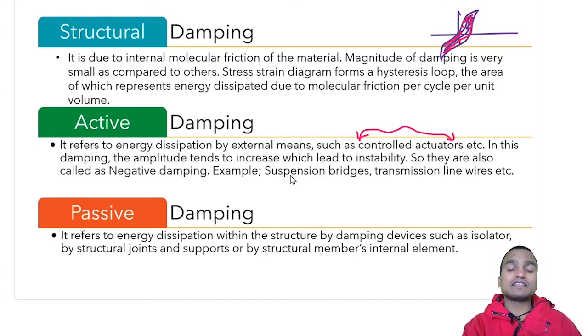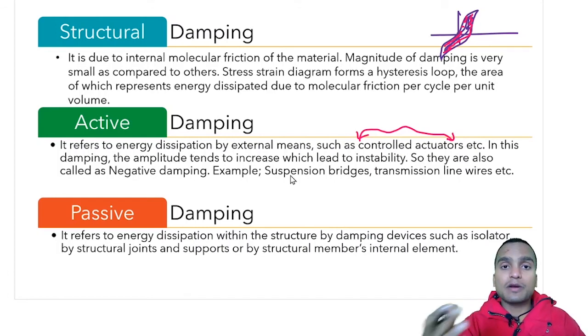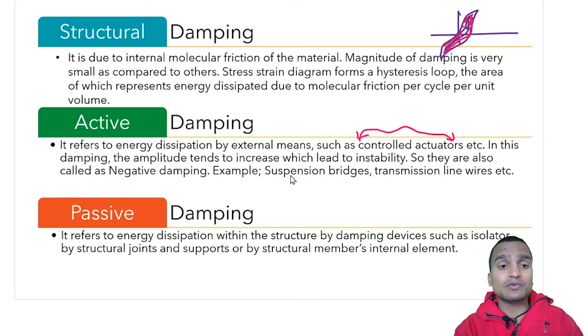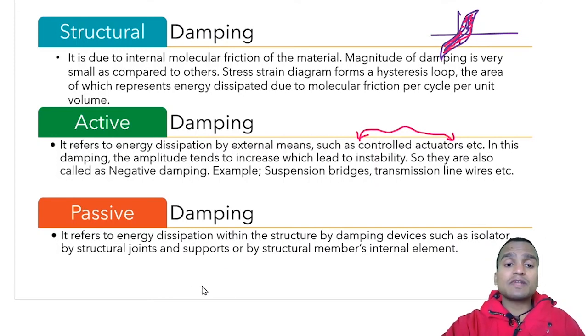We will be studying these isolators, which are called base isolators, in the upcoming units, unit 4 or unit 5, by structural joints and supports or by structural members' internal elements. So if some damping is happening due to structural joints, supports, or some internal element of a structural member, because of which the structure's energy is dissipated, that will come under the category of passive damping. And in passive damping, one type of damping is base isolators.